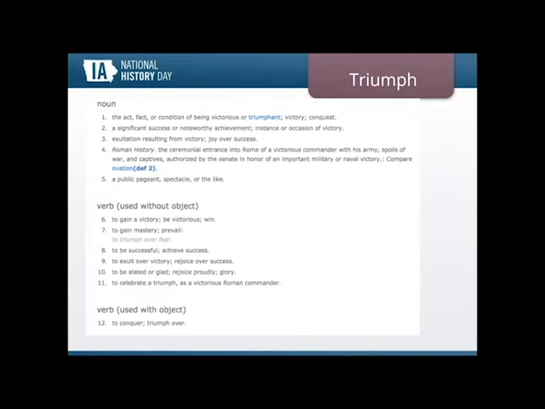When we look up triumph in the dictionary, it's referred to as the act, fact, or condition of being victorious, triumphant, victory, conquest. It's a significant success or noteworthy achievement, occasion of victory, resulting from victory or joy over success. As a verb, to gain a victory, to be victorious, to win, to gain mastery, to prevail.